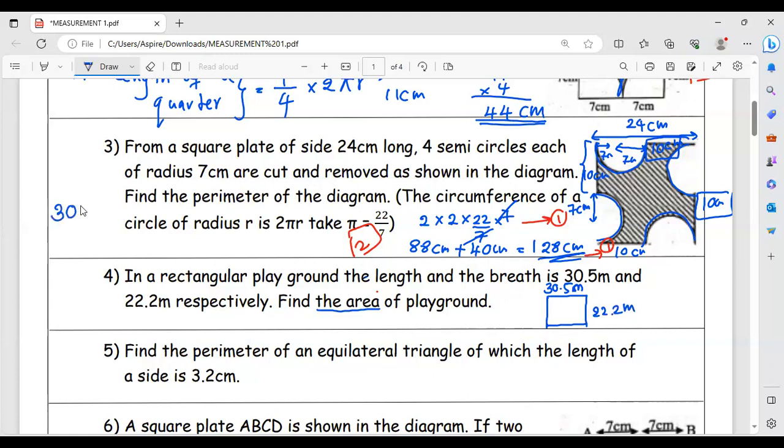30.5, we multiply 305 times 222. 2 into 5 is 10, 2 into 0 is 0 plus 1, 1. 2 into 3 is 6. Again the same thing is repeated. Then add.